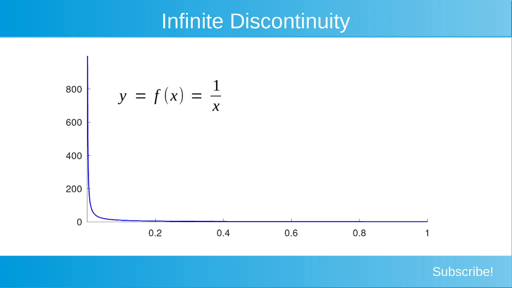But our one-sided limit at x is equal to 0, our right-hand limit, approaches infinity. So by our definition for continuity at an endpoint, we have a point of discontinuity at x is equal to 0. And this is a particular type of discontinuity referred to as an infinite discontinuity.